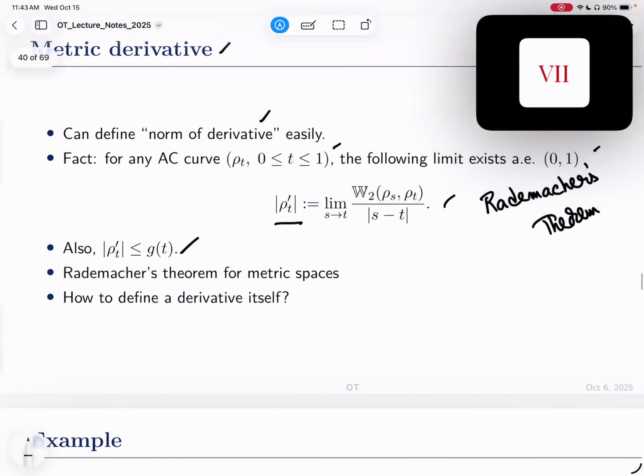Once we do this, we have a notion of metric derivative: this pairwise W2 distance, which is just non-negative numbers, is differentiable, and it gives me this notion of rho prime of t. And this should be our norm of the derivative, which means whatever notion of derivative and some kind of metric tensor that we define on the tangent space, if I apply the metric tensor to the gradient, I must get the metric derivative, which is rho prime of t.